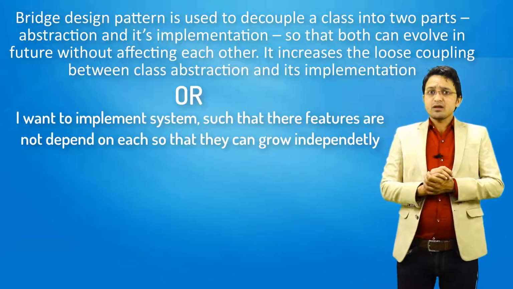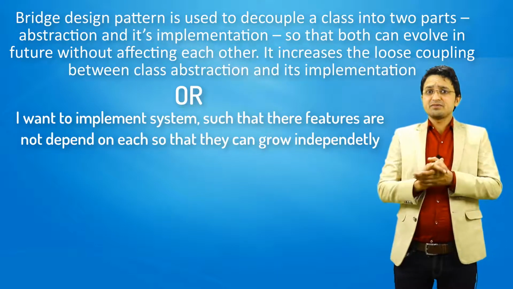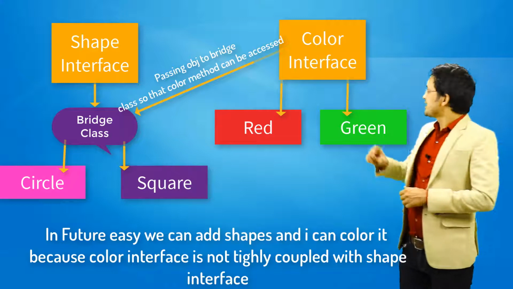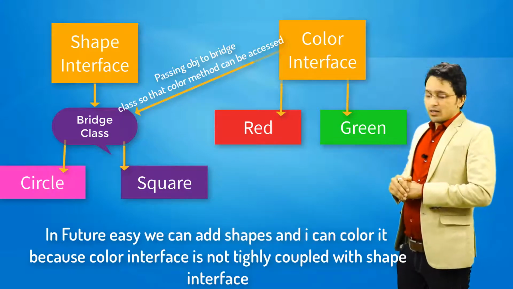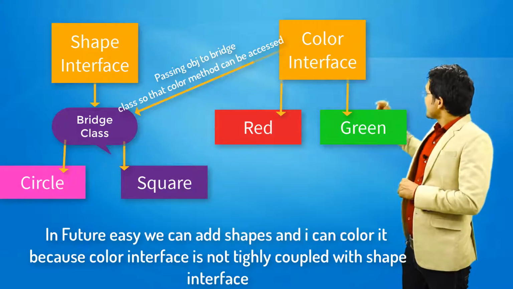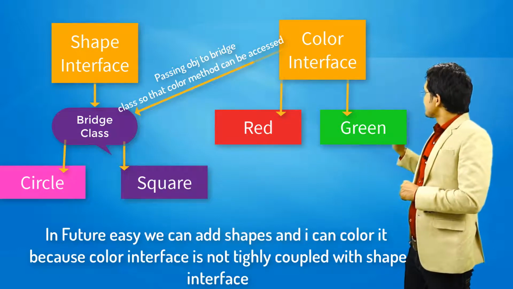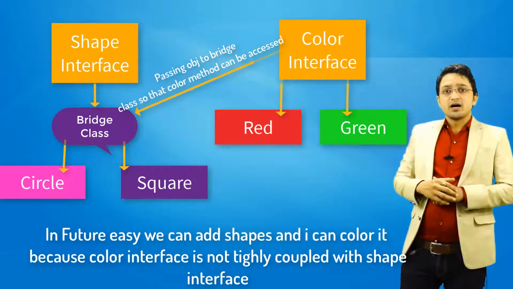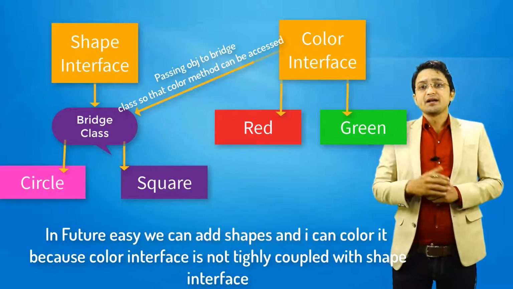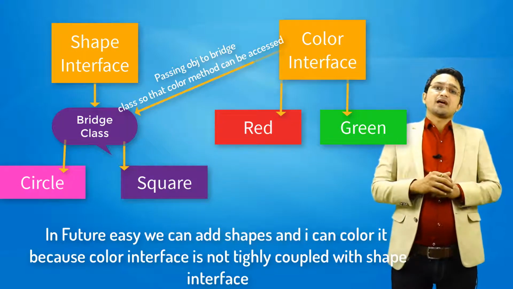Okay. So let's understand this definition with the help of one example. You can see here I have drawn one diagram. In that I have created one color interface, and then another shape interface, and in between them I have drawn the bridge class.